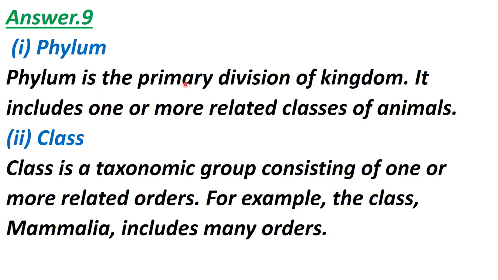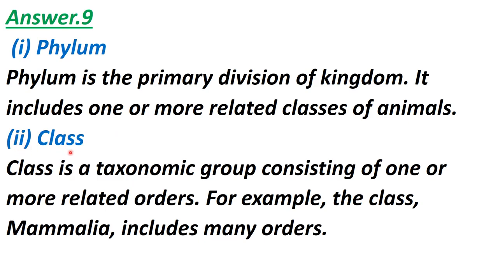It can be called the primary division of kingdom because kingdom is the highest taxonomic category, and after that the primary division is phylum. And it includes one or more related classes, because after the phylum there will be class.